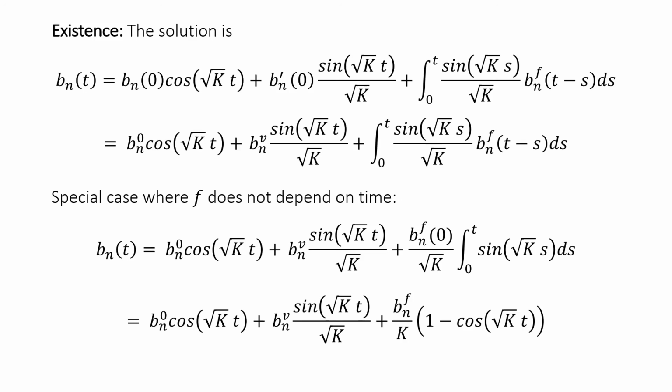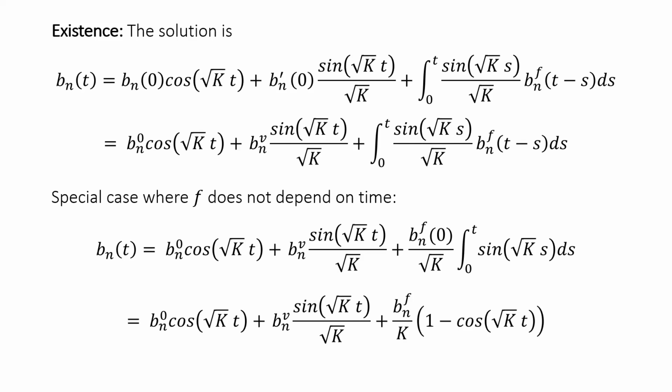From the initial data, we can slightly simplify this to get a closed formula that equals b_n^0 cosine(√k t) plus b_n^v sine(√k t) divided by √k, plus the integral from 0 to t of sine(√k s) divided by √k times b_n^f(t − s) ds. That is the solution formula.